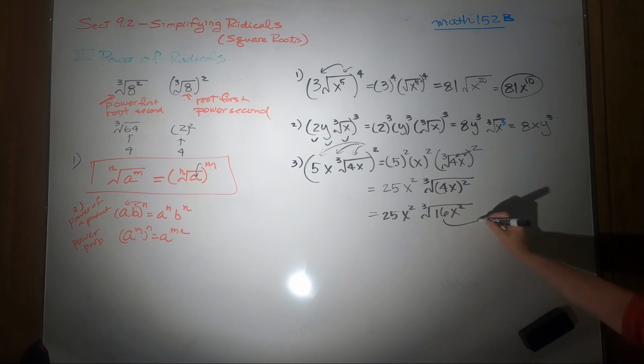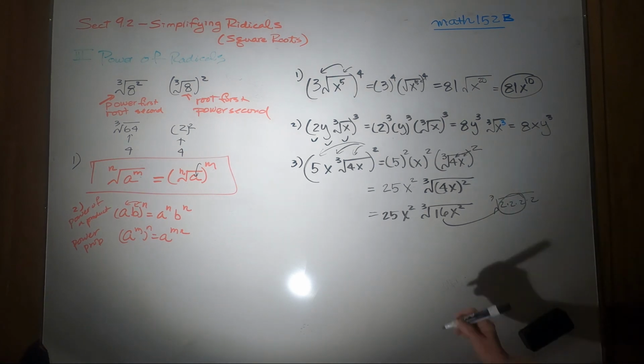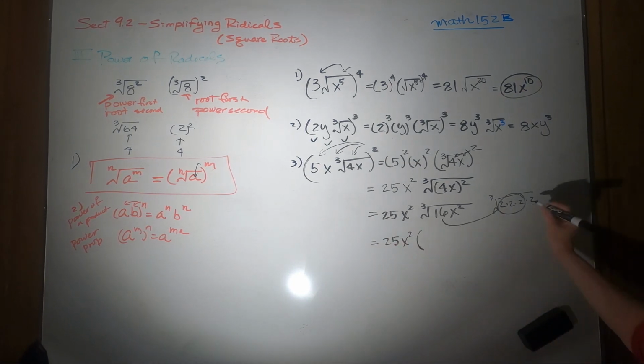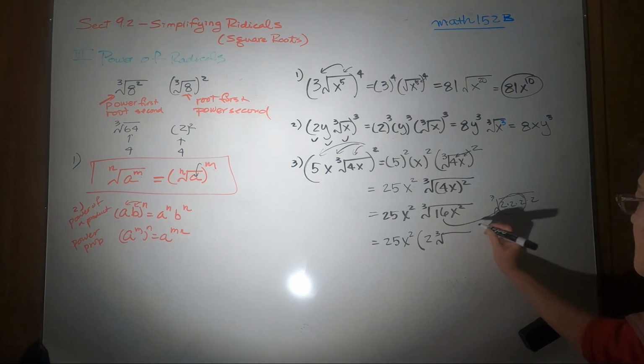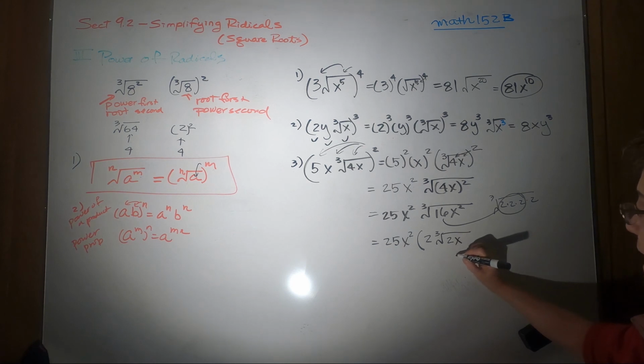But how about 16? 16 is 2, 2, 2, 2, right? Take a cube root, you do have a triplet. Then you have to show the root outside. So that will be 25x squared. Then one 2 should be outside of the cube root, and what is left over is one 2, right?